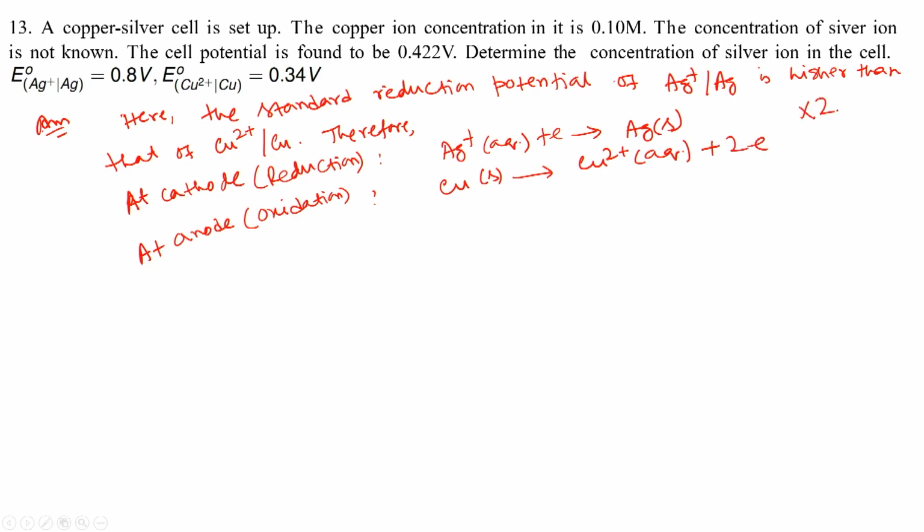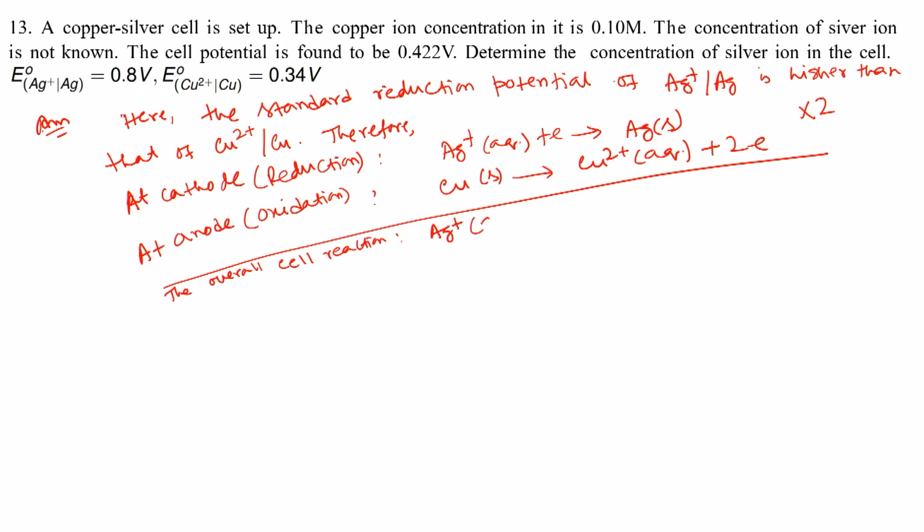If we multiply the first by 2 and then add, the number of electrons will get cancelled. So the overall cell reaction will be 2 Ag+ aqueous plus Cu solid gives 2 Ag solid plus Cu2+ aqueous.